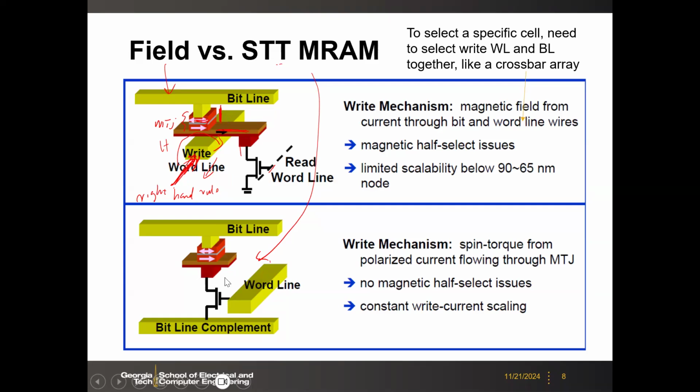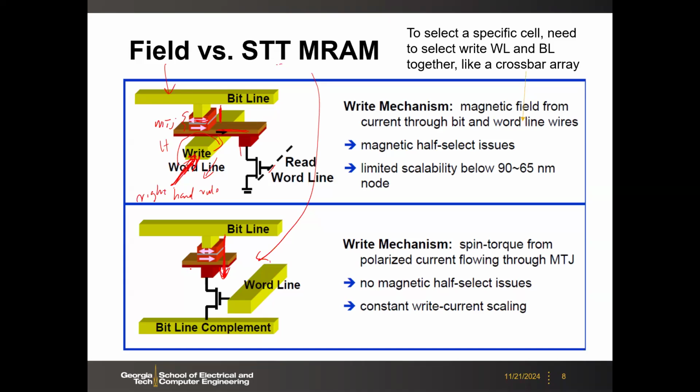So in this STT-MRAM, the read and write path are shared. In the write condition, you are going to apply the current directly through this MTJ to change the direction. We'll talk about the details, the physics, later. But here you do not have the external field generated.